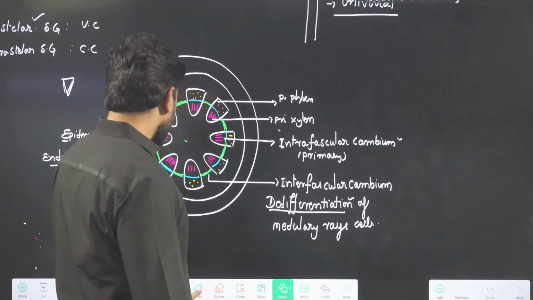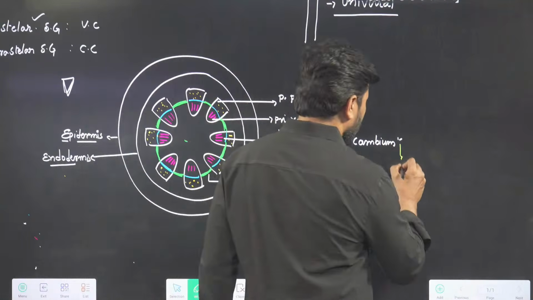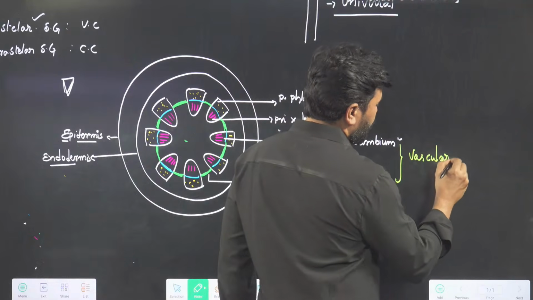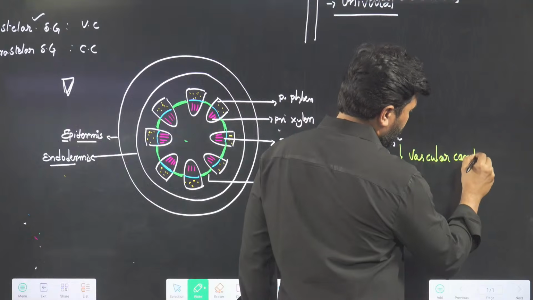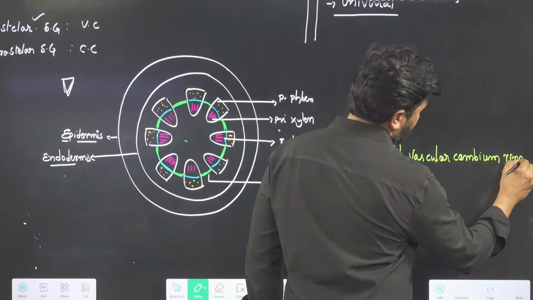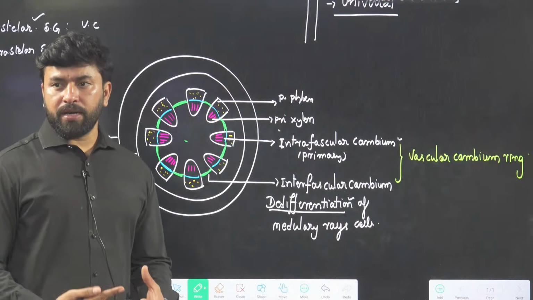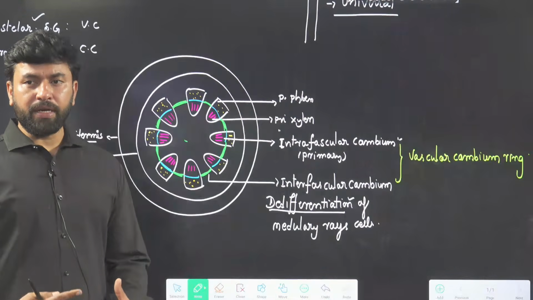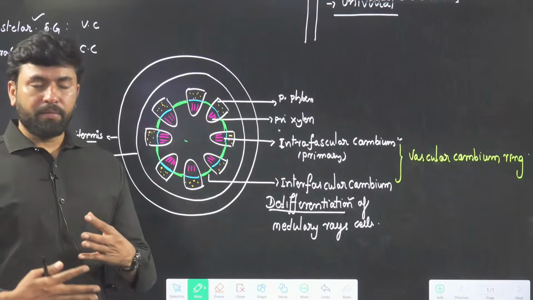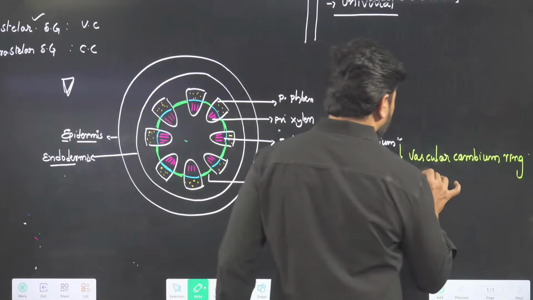Both combined form a layer that is called the vascular cambium ring. Okay. Is this vascular cambium ring completely secondary or completely primary? It is partly primary, partly secondary. Which part is primary?